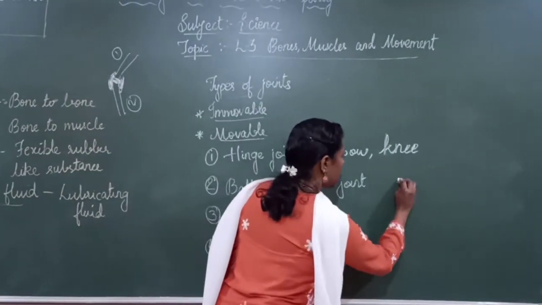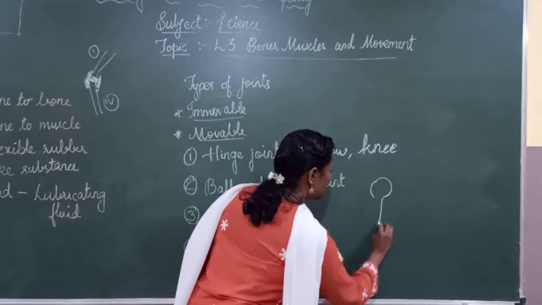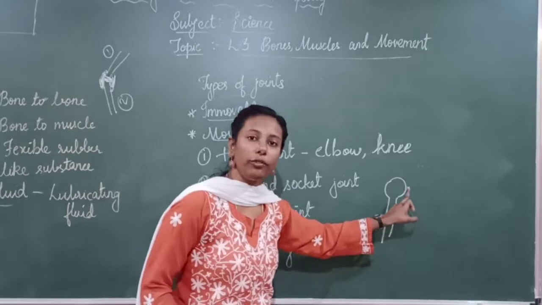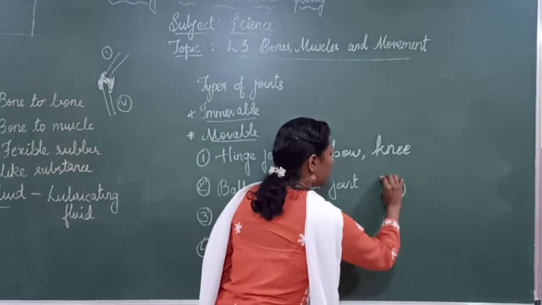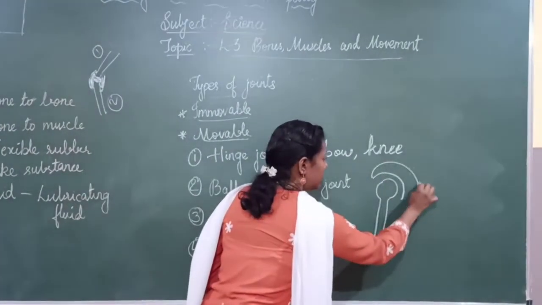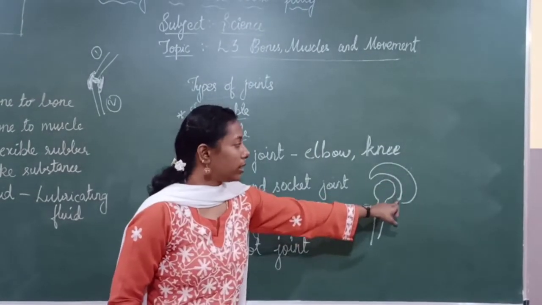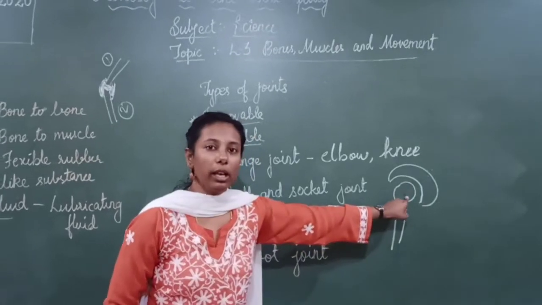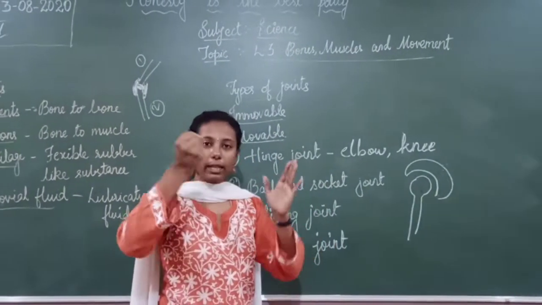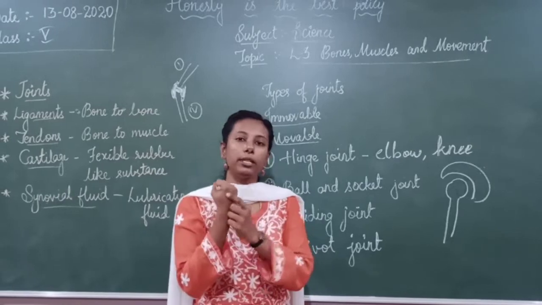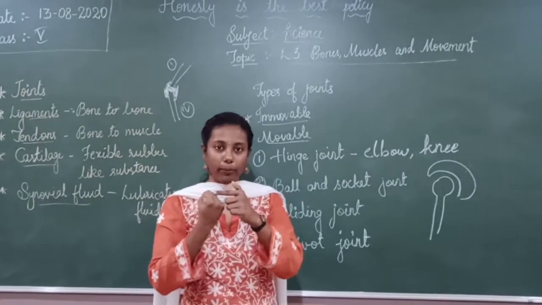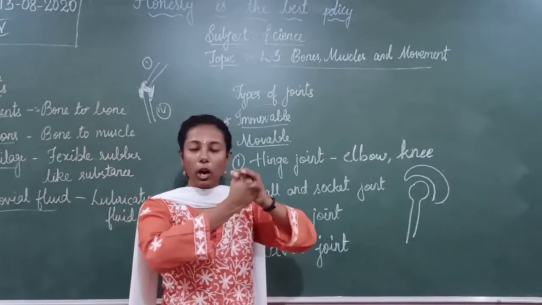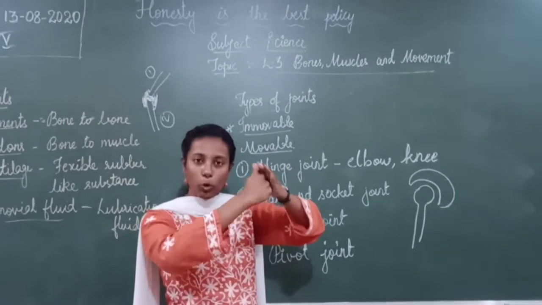For example, if I say this is a ball-like structure of the bone and this is the socket, the groove for fixing this head of the bone. And like this, if the fist is representing the ball head and this hand is representing the socket, how it will be? Like this, the movement.